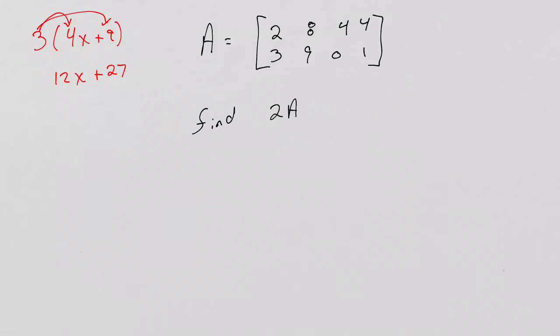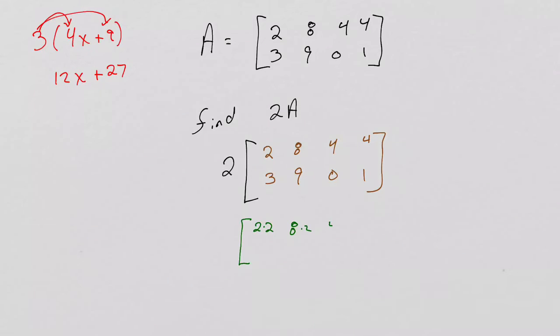All we simply do is we do 2 times my matrix, which is 2, 3, 8, 9, 4, 0, 4, 1. And then from there, we are going to just basically distribute the 2 to every single thing in each row and each column.